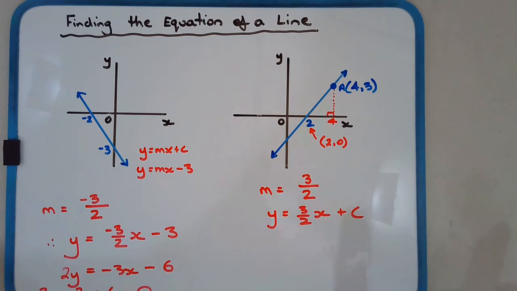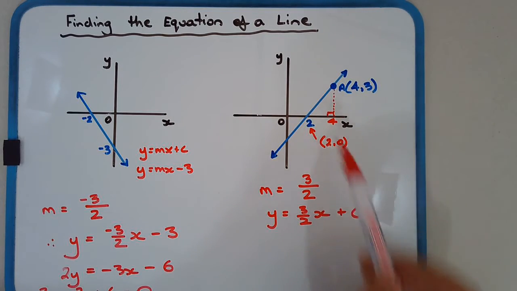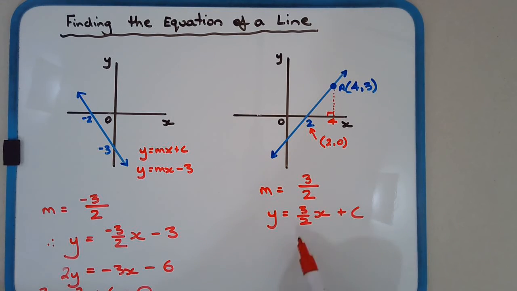Now, we have two options. We could either use the point gradient formula, that's in fact probably easy enough to use, and substitute in one of these 2 points, or we could in fact use the gradient intercept formula and substitute in an x value of 2, y value of 0, and then we can solve for c.